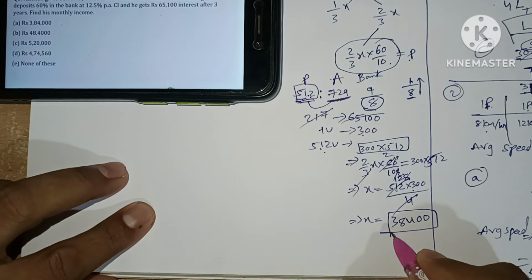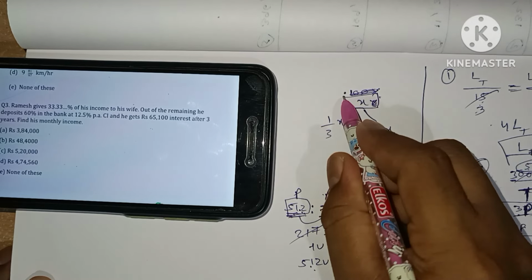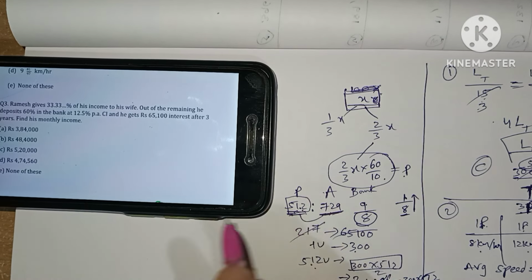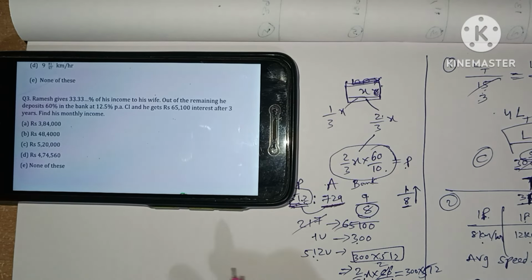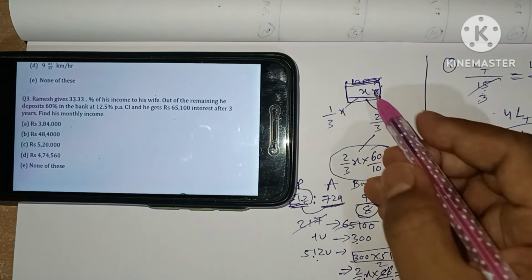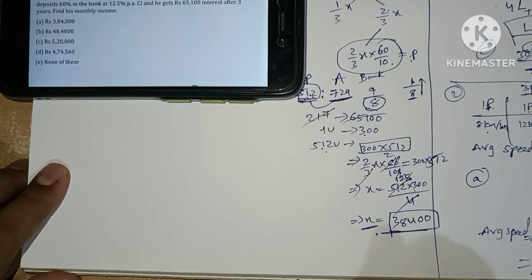So this is the value we got as x value. X is nothing but the total salary of the person, the total salary of the Ramesh. So the question asked is find his monthly income. This is x value which we got is 38400.